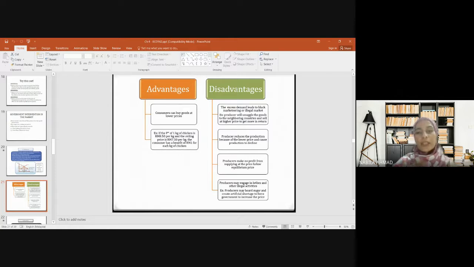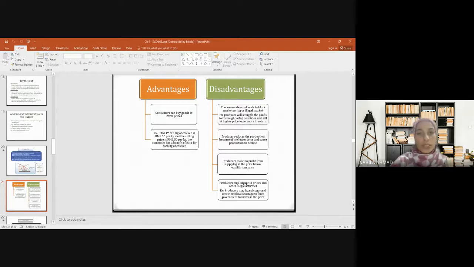So dia nak create artificial shortage, dia nak force government to increase the price. So dalam Islam, sorokkan barang ni adalah salah lah, berdosa. Sebab dia ada dalam Quran mengatakan bahawa this kind of act ini tidak baiklah, berdosa, sebab dia akan menyebabkan menganiaya rakyat lah ataupun masyarakat.